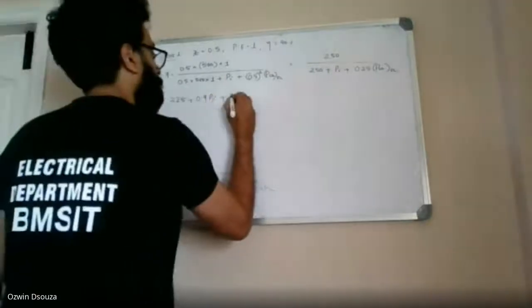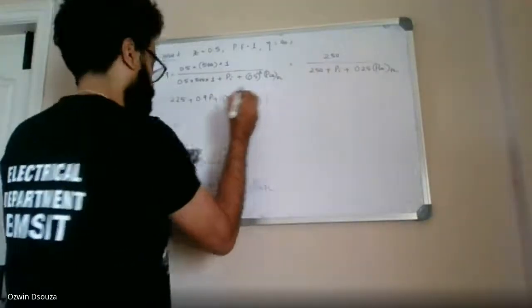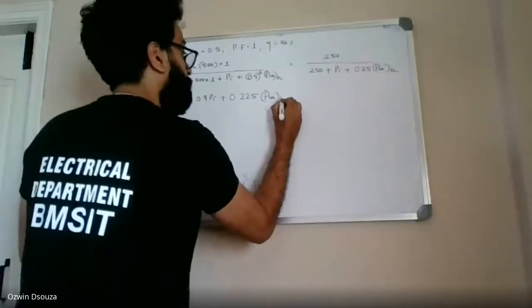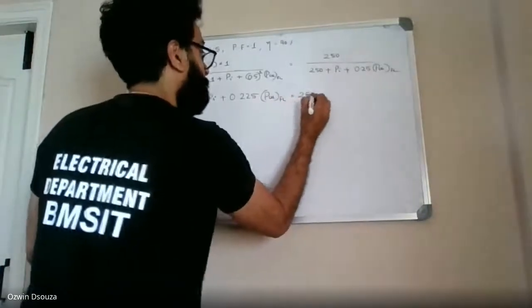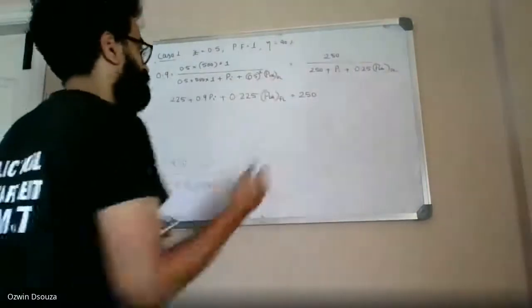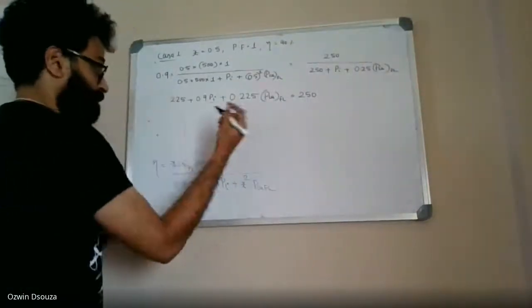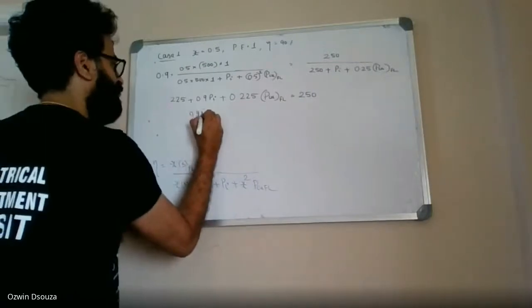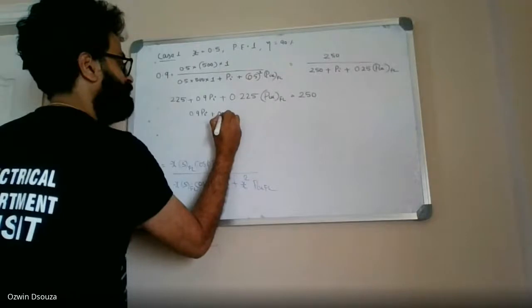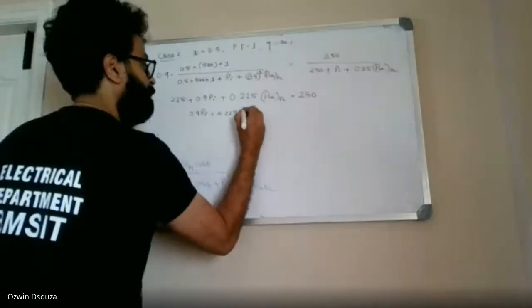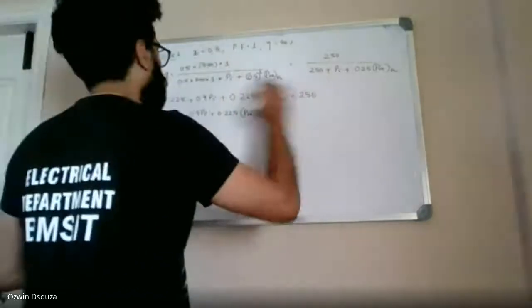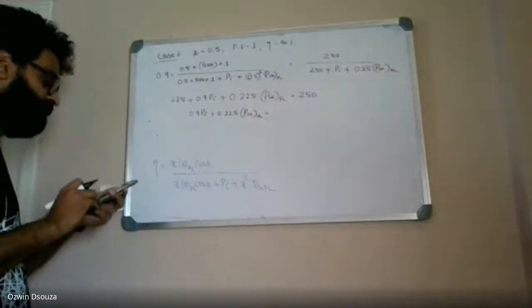That is 0.225 PCU full load is equal to 250. Okay, or you can simplify something like 0.9 PI plus 0.225 PCU full load is equal to 250 minus 225.